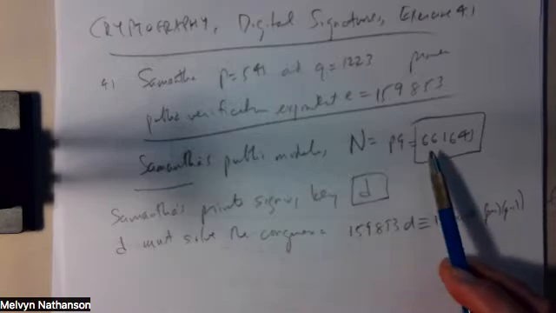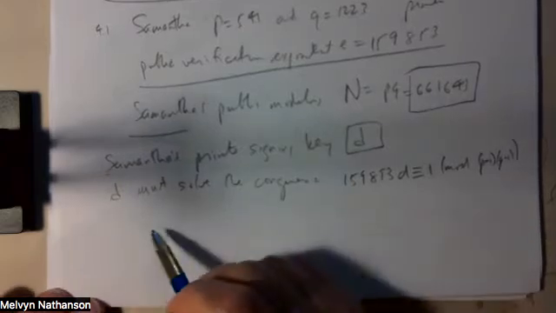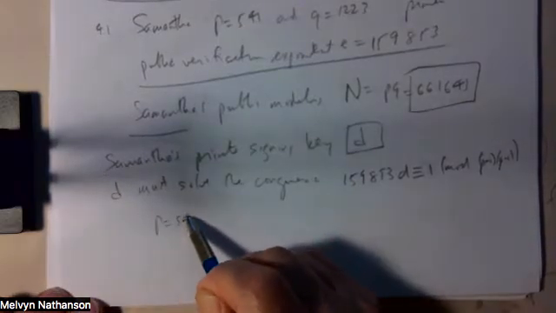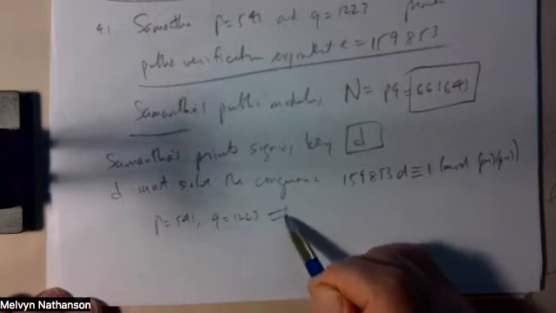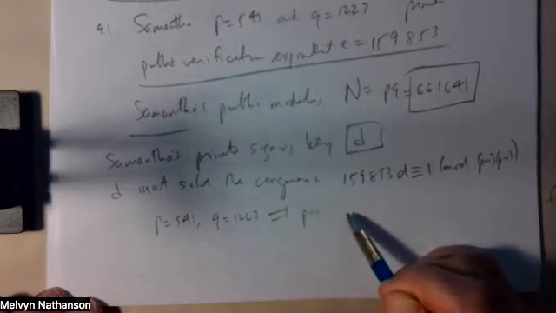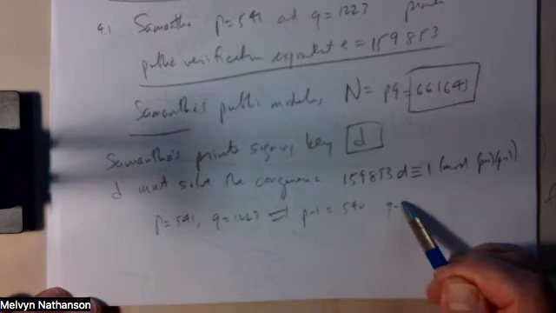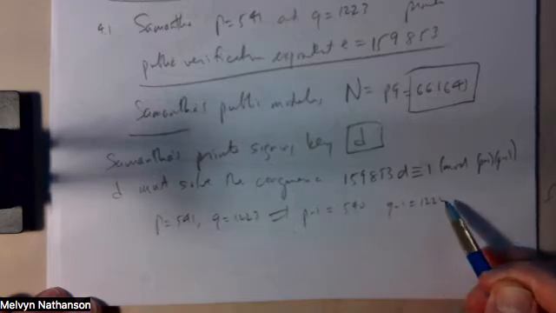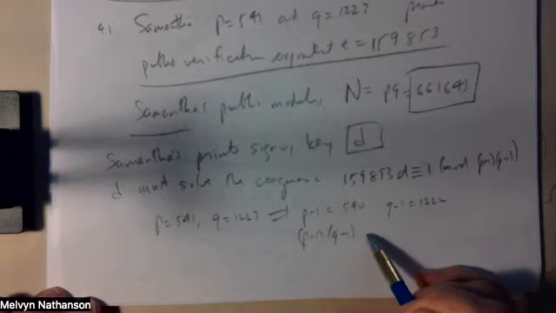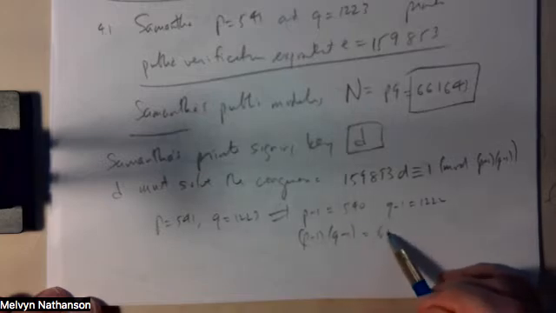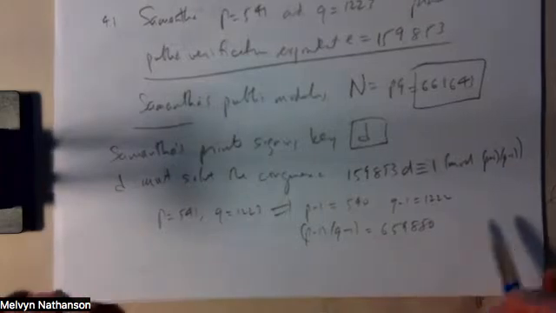So if P is 541 and Q is 1223, then P minus 1 is 540, Q minus 1 is 1222, and when you multiply them together, you get 659,880.